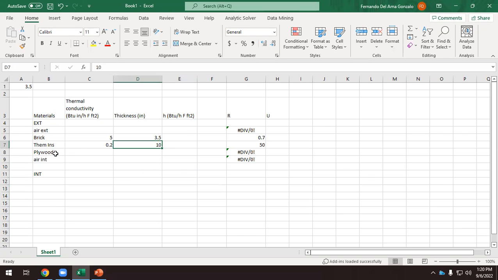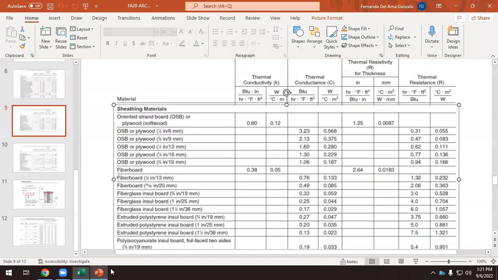And finally, we have plywood. So let's look at this. Sometimes when we don't have the thermal conductivity in this column, then we have to select the thermal resistance, and here we have information about the thickness. So we divide the thickness by the thermal resistance, and we get the thermal conductivity.